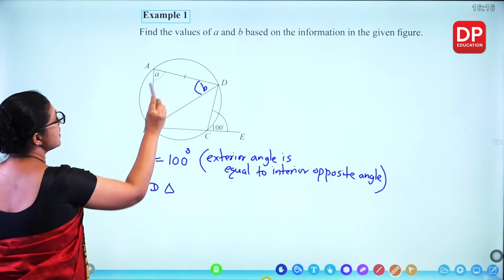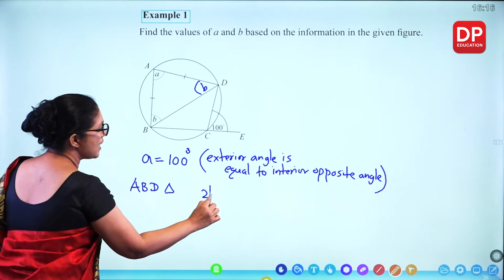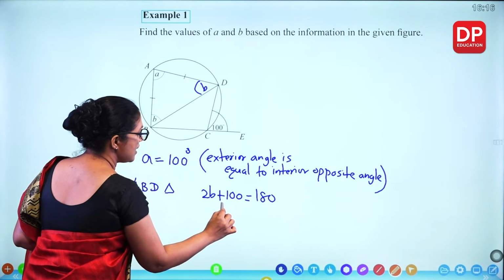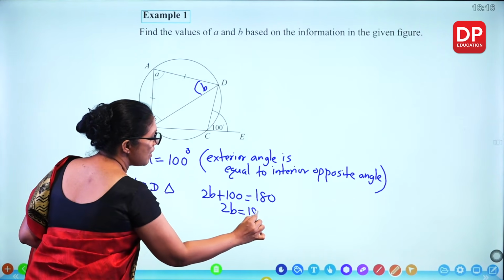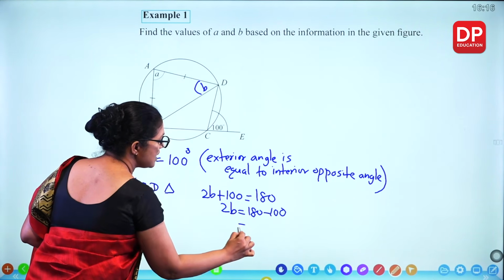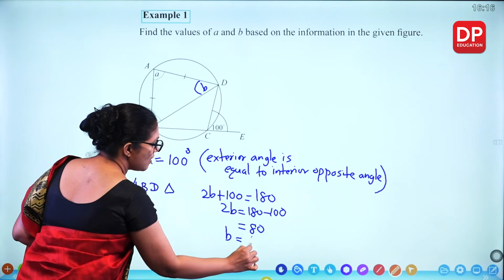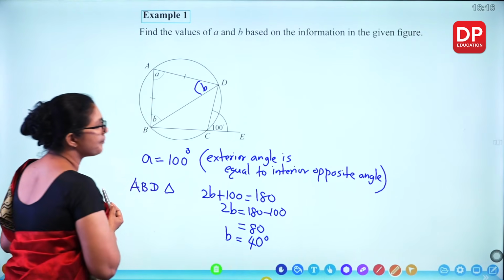A is 100. So 2B plus 100 equals 180. 2B equals 180 minus 100, that's 80. Divide by 2, you get B equals 40 degrees.